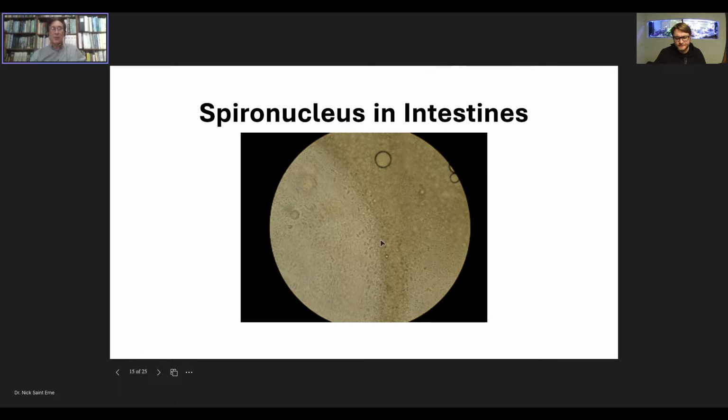So this is the Spironucleus in the intestines of an angelfish. This darker brown area is the actual intestinal tract, and all of these little particles that you see here are the protozoa, just swimming around. They're very robust. The flagella move them along, and when you take a sample of this and look at it under the microscope, you're really looking for these microorganisms swimming around.